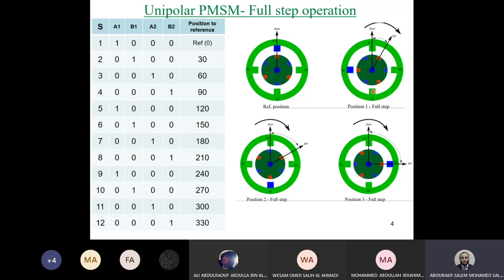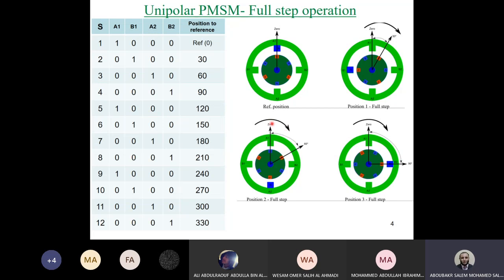So when we supply A2 and de-energize B1, it's expected that the rotor will move by 30 degrees again in order to keep S close to the pole N of half A2. So the machine will continue moving another 30 degrees and so on.